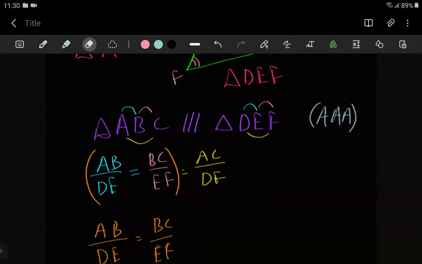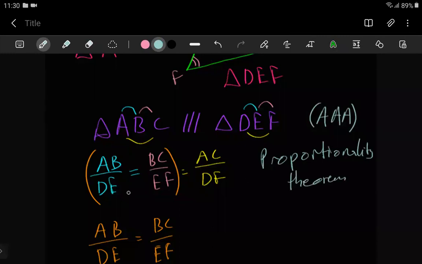And your reason for writing out a statement like this with all these 3, you'll always be able to just say proportionality theorem. That will be your reason for writing out these 3 if you ever need to write them, which you obviously will need to write them depending on what is asked. So after writing out these 3, this will be your reason.